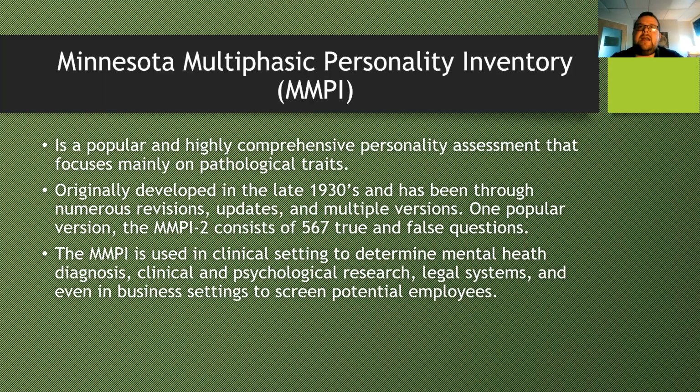And it's easy when we're using traits to lose the person. It's easy to focus on the diagnostic label or the results of the test rather than who they are. So for example, you could just see me as someone who is extroverted or introverted or neurotic or high on agreeableness, but you may lose who I am as a person.